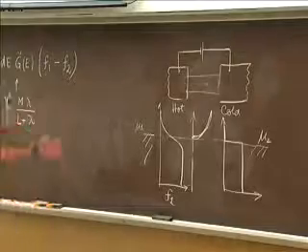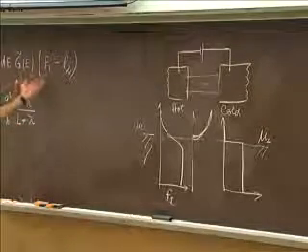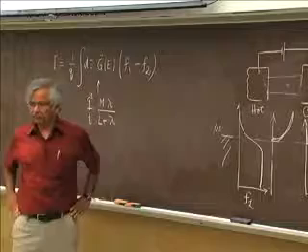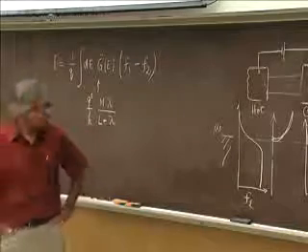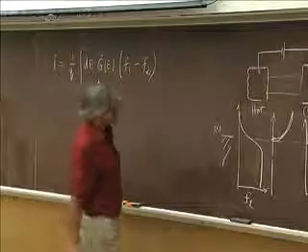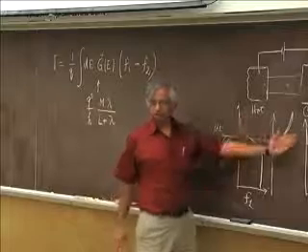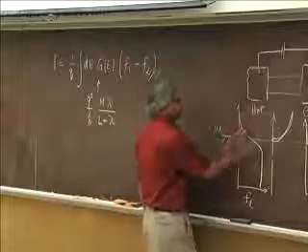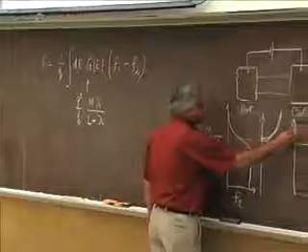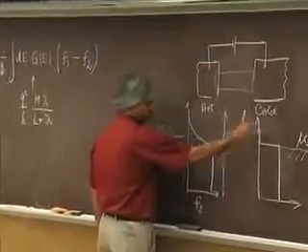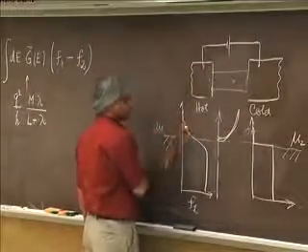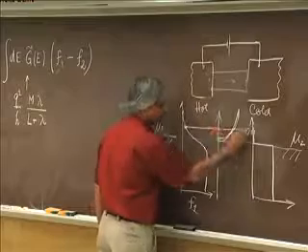And what I claim is that this equation will give you the thermoelectric current. So which way should the thermoelectric current be? Well, it's F1 minus F2. So if I look up here, I see that F2 is essentially 0 because it's cold, whereas F1 is not quite 0, and so electrons will flow in this direction.